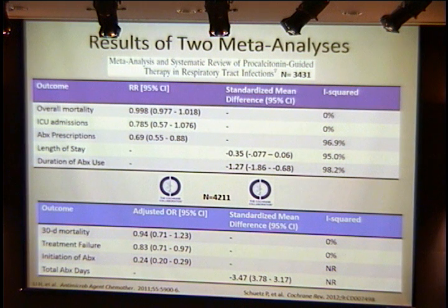And I'll tell you, the problem with all of these is they're done almost exclusively in Europe. There's virtually no US data on this. And that has to do with some funky things that the FDA thinks about with procalcitonin.